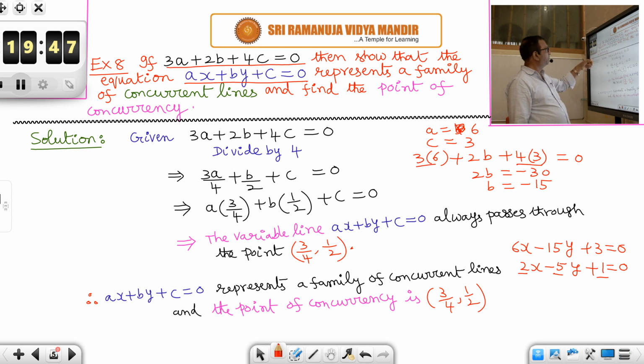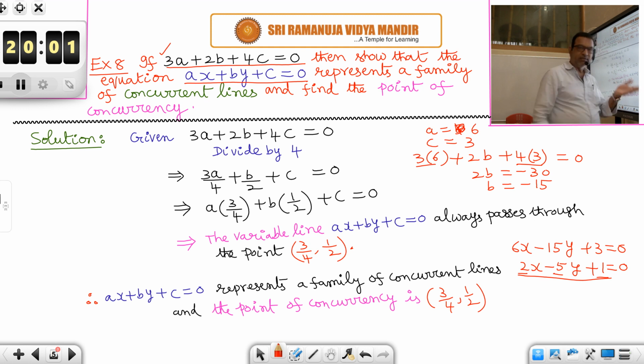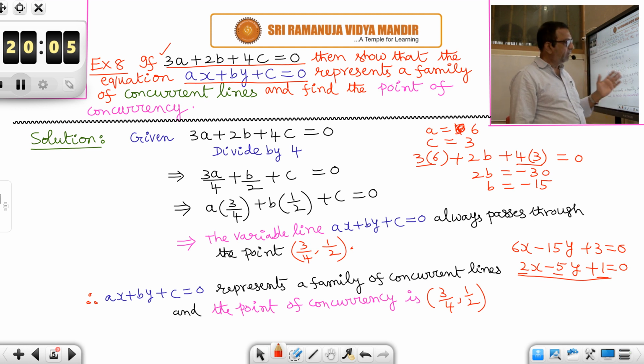3a means 6, plus 2b means minus 10, plus 4c means 4. 6 minus 10 plus 4 equal to 0. That means this condition is satisfied. So you got one line, is it not? Similarly, you take some other values for a, b, c and you will get another line. Like this, you will get an infinite number of lines.